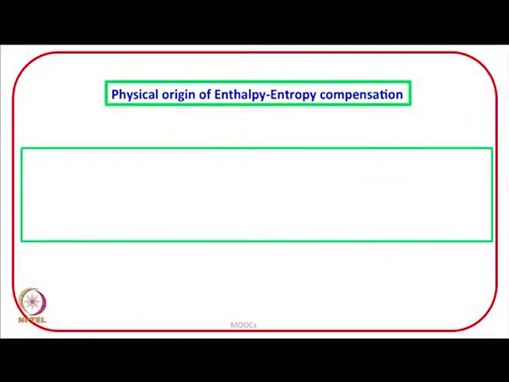Now let us take a look at the physical origin of enthalpy entropy compensation. Based on literature review, the enthalpy entropy compensation in case of protein ligand binding, as I have just discussed, is that the negative value associated with the formation of favorable bonds for polar bonds is also happening at the expense of a decrease in disorder, or increase in order.